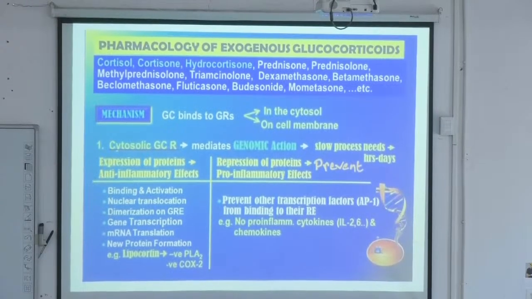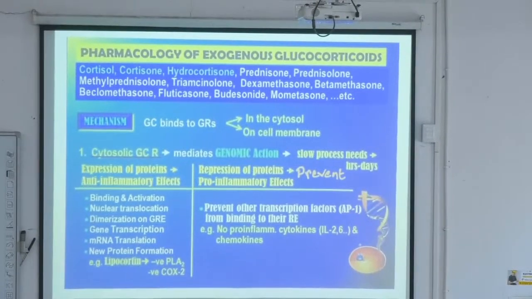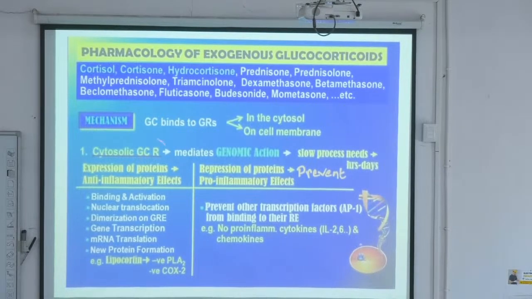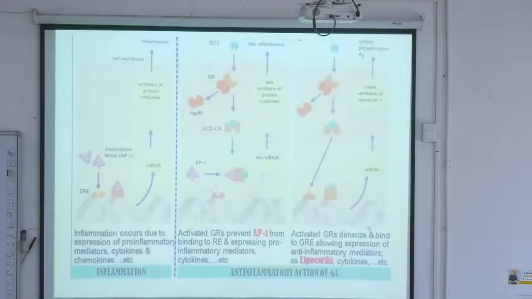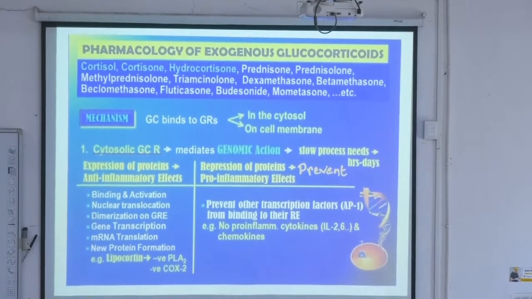One is by acting on receptors inside the cell, by a genomic process, the cytosolic receptors. Another group of receptors are on the cell surface, the membrane bound glucocorticoid receptors.